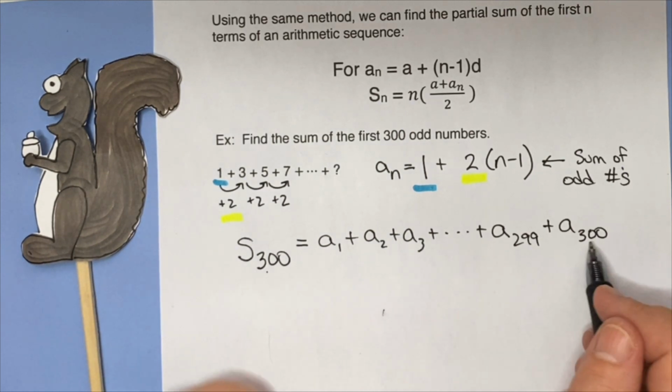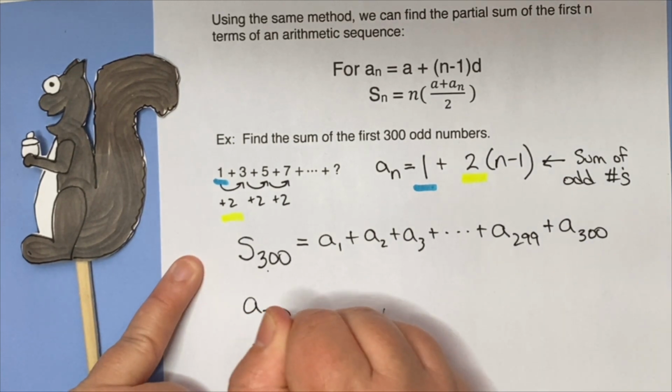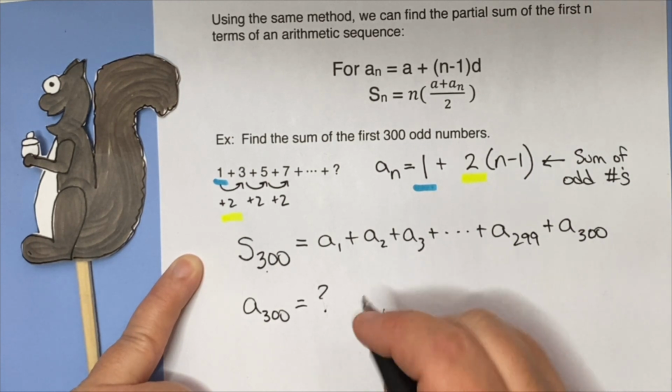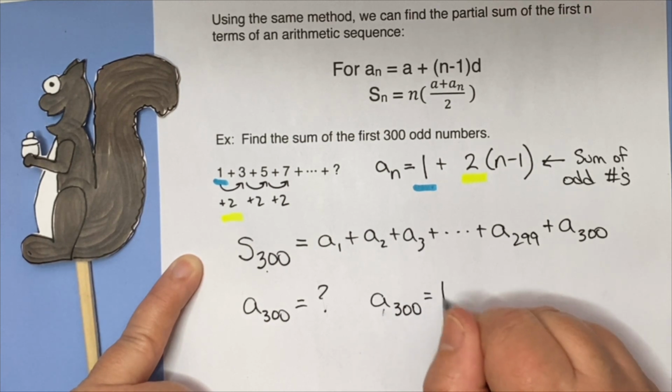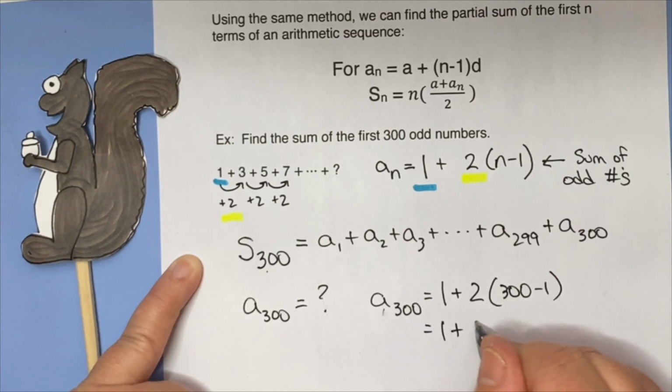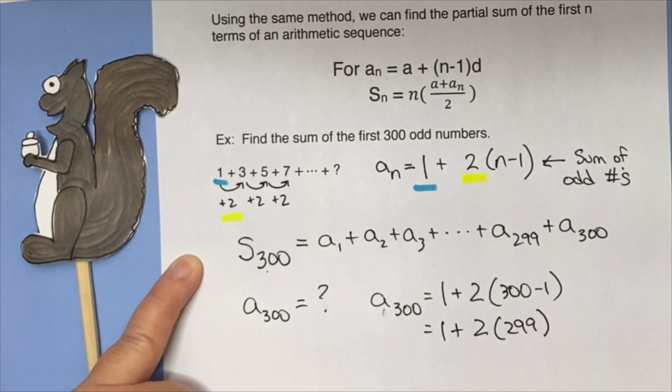So the first question is, what is A300? What is that last term that we're interested in? Is it just 301? Is it 600? Let's take a look. A300 is equal to 1 plus 2 times 300 minus 1, so that's 1 plus 2 times 299. 2 times 300 is 600, minus 2, so this is 1 plus 598, which is 599.